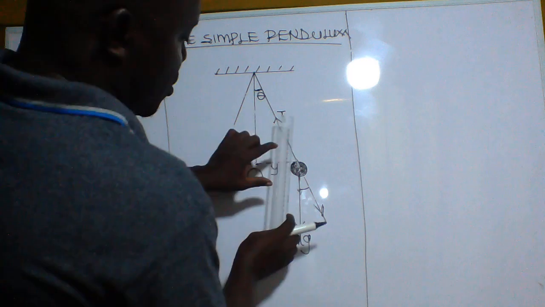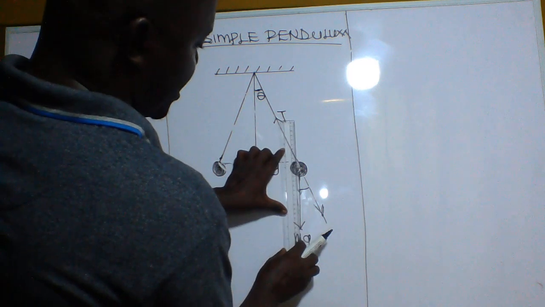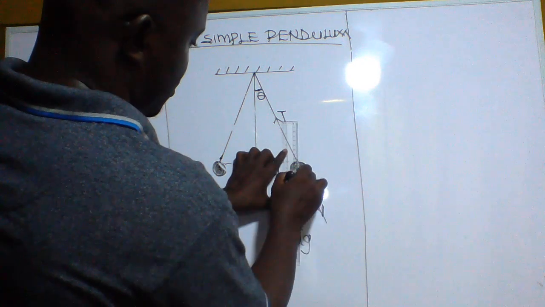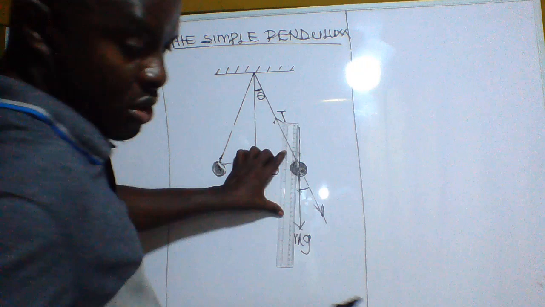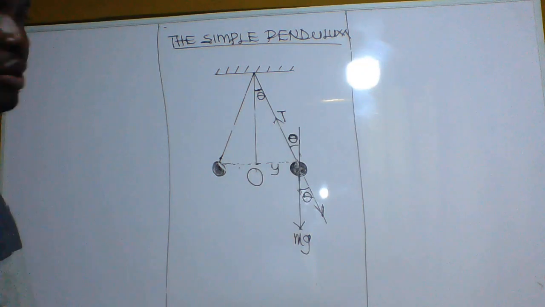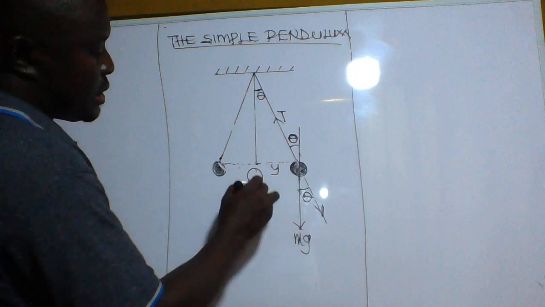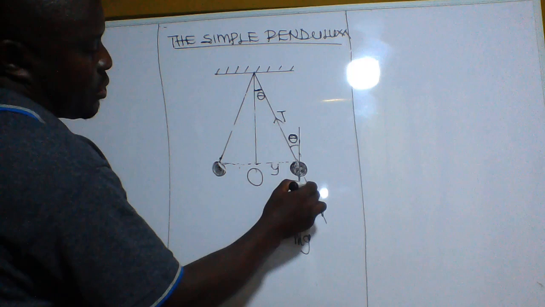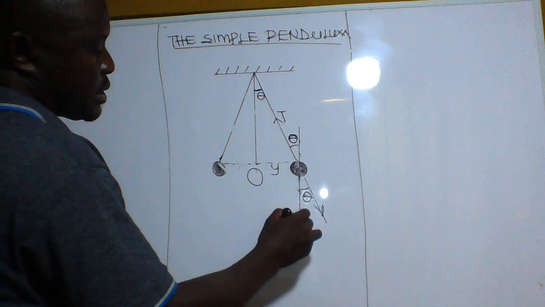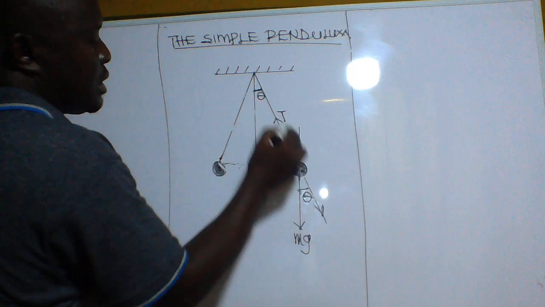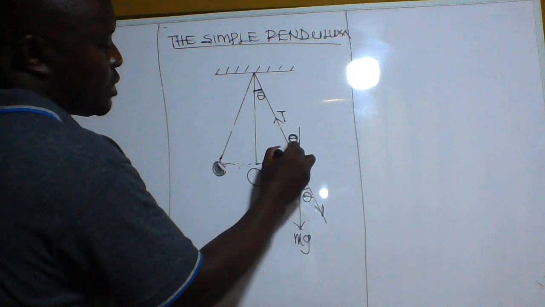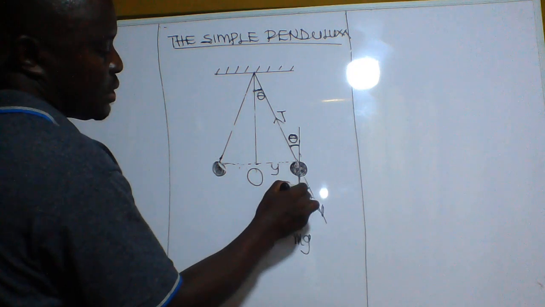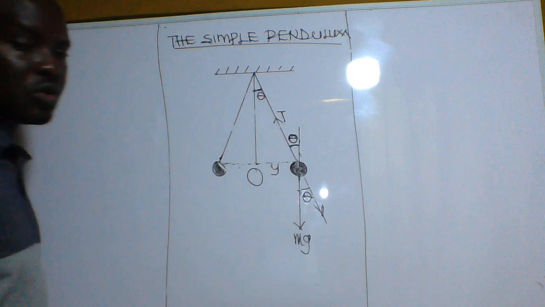Or when we extend the weight vector, we realize that this angle alternates with this, and if this angle alternates with this, then it is also vertically opposite to what is here, and so this is also theta.